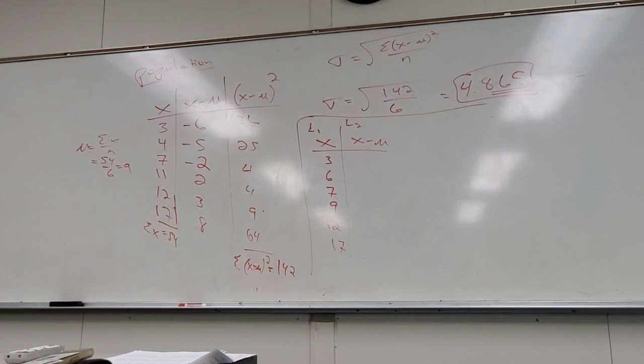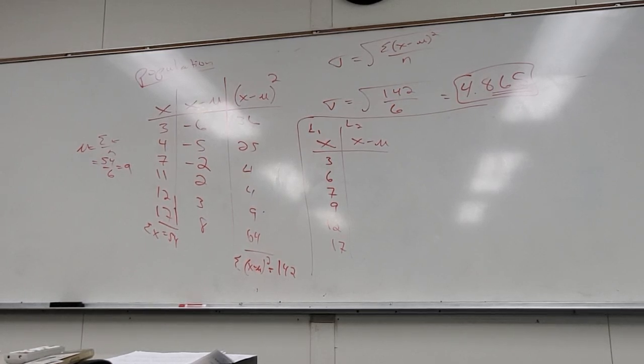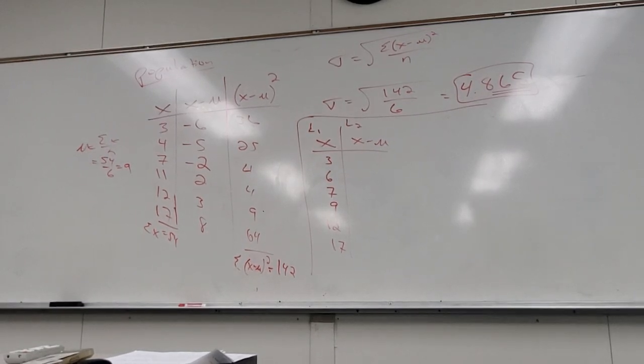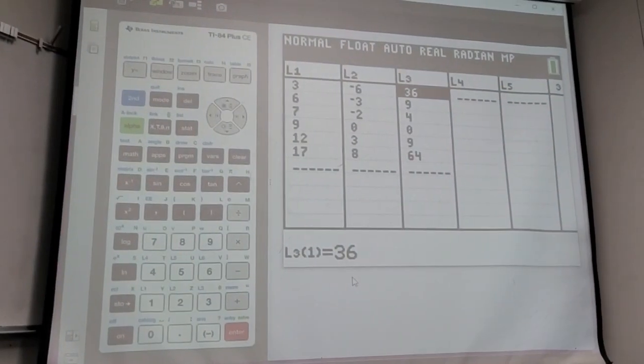See, now you can tell it with the whole list. So it's second L1 for L1. Minus the mean, which is 9. And enter. Okay, great. Good man. And now go to L3 and you want it to be L2 squared. Of course, L2 is above 2. That would be helpful, Jeff.